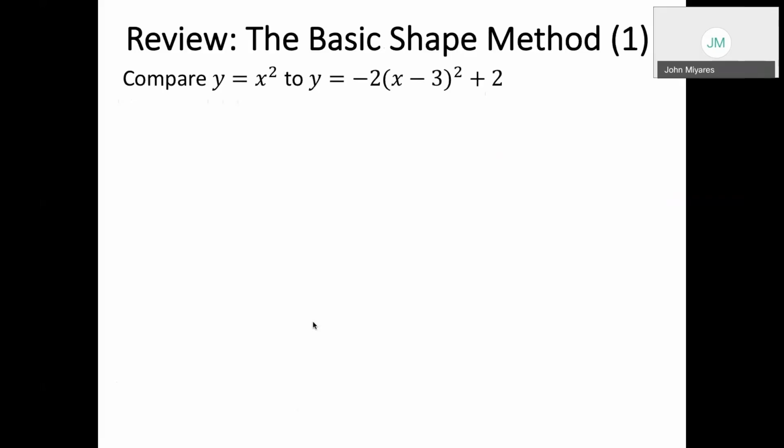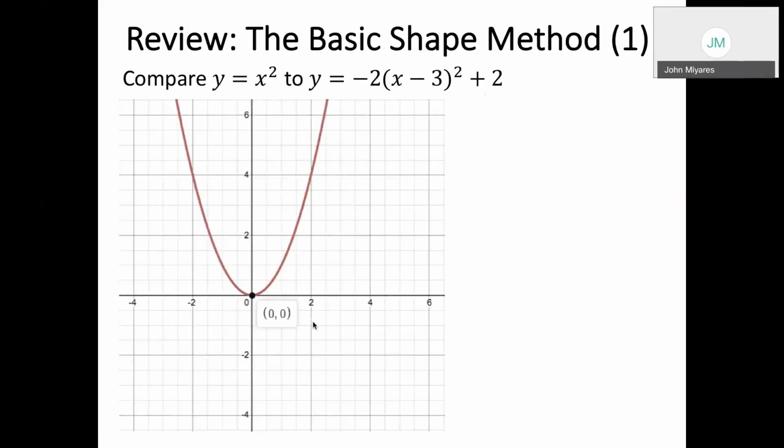We should know from our previous experiences that the graph of y equals x squared is a basic parabola with its vertex at the origin 0, 0, and the key points are going to be following the squaring pattern, where 1 squared equals 1, 2 squared equals 4, 3 squared equals 9, and so on, with those same points repeating themselves in the negative direction.